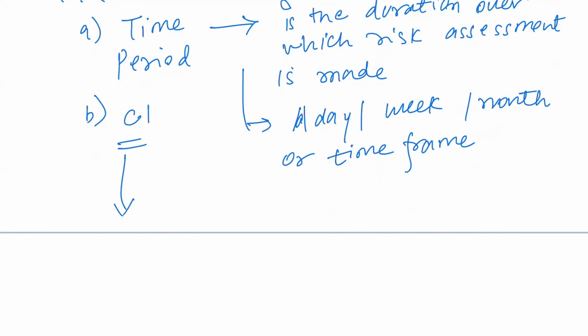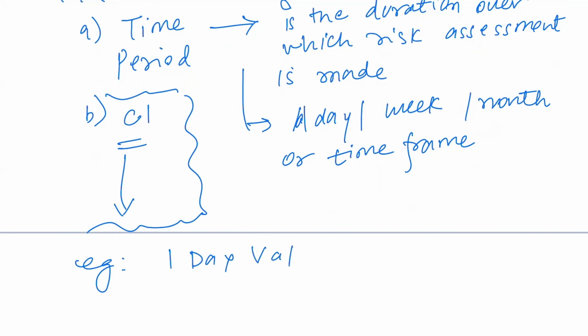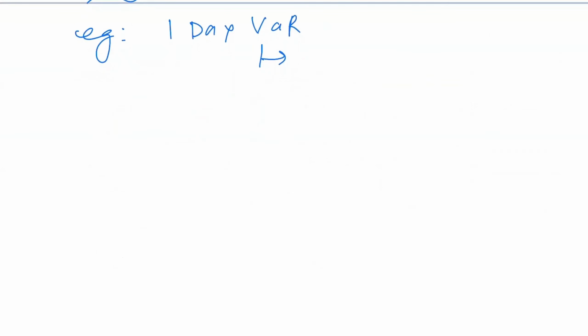The second element is confidence interval. Before going deep into confidence interval, let me take a certain example. How do we say 1 day value at risk? So what does this mean? Let's take this example, 1 day value at risk.